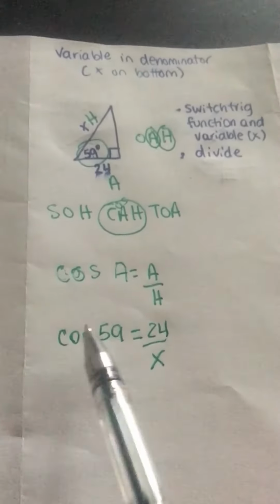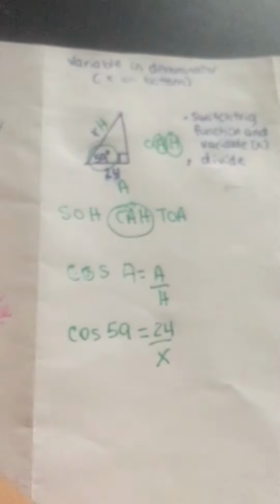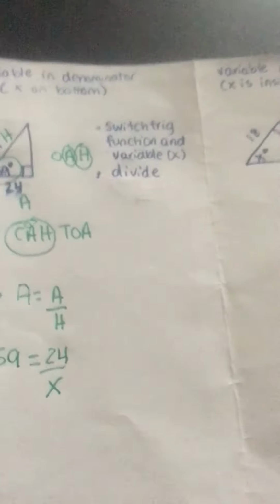Now here is where you could cross multiply and divide, but again, I said it's a lot more work. So what you could do instead is you can do a little switcheroo. And you can take this whole thing and bring it to the bottom.